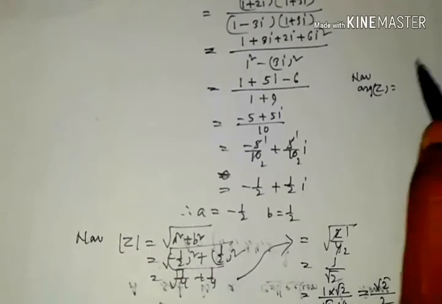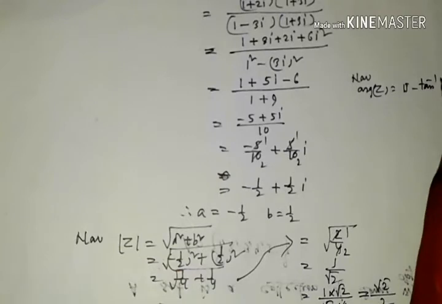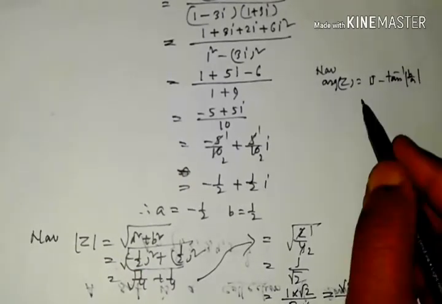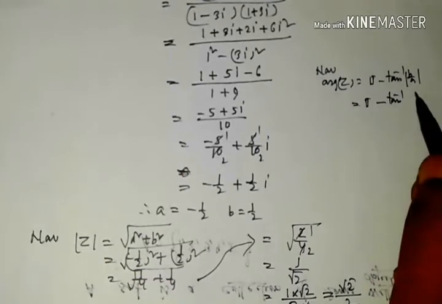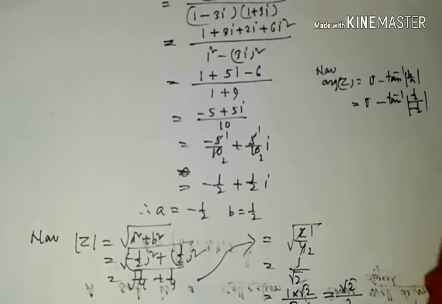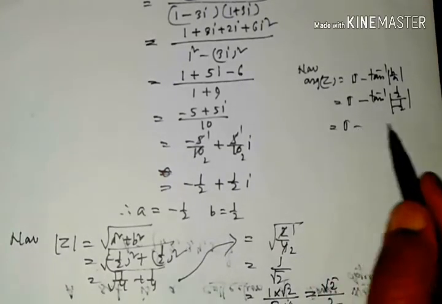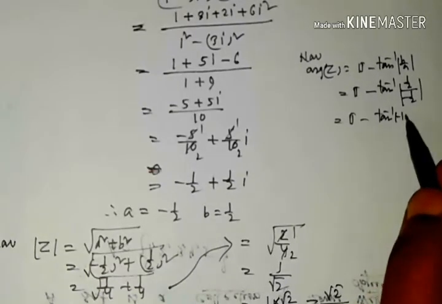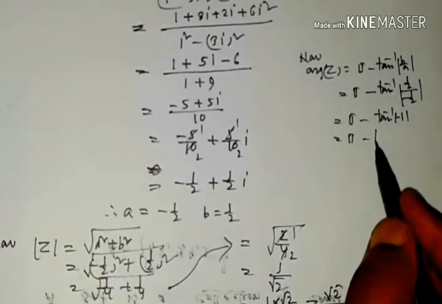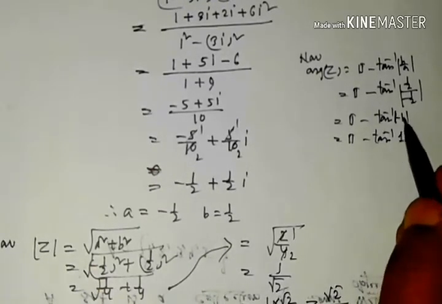So the principal argument is pi minus tan inverse of modulus B by A. Here B by A is 1 by 2 over minus 1 by 2, so pi minus tan inverse of modulus of minus 1, which is 1.